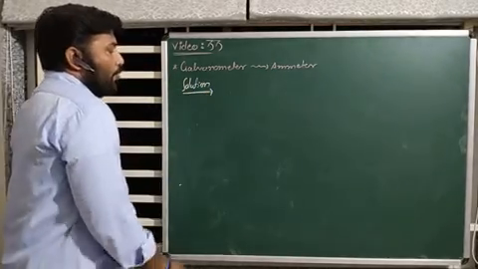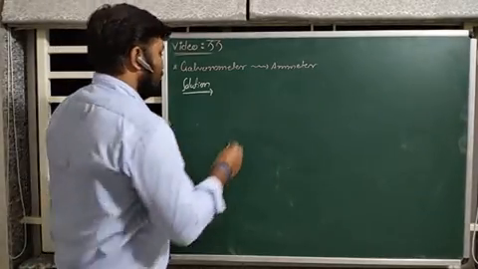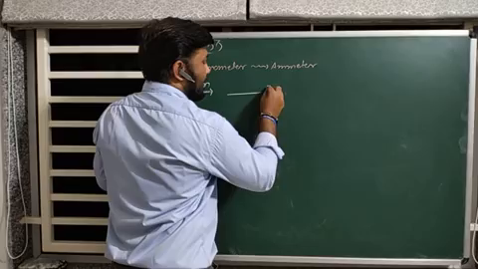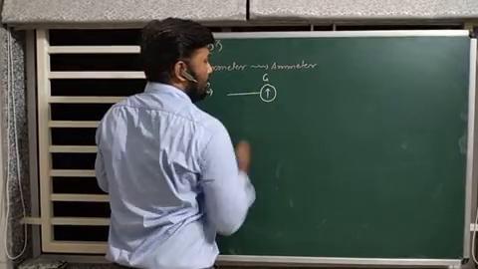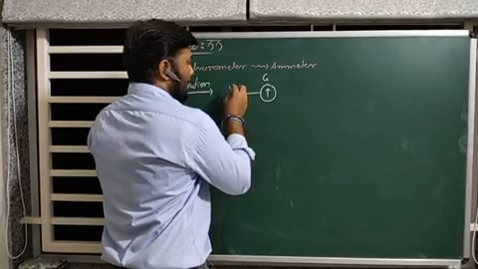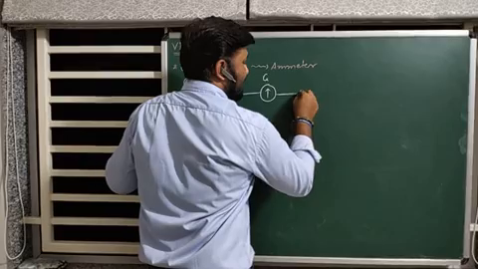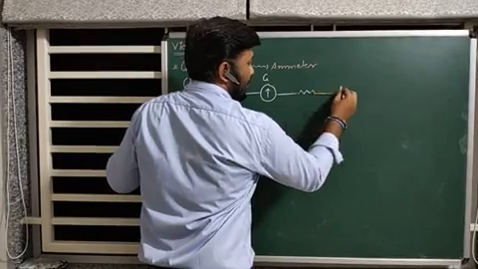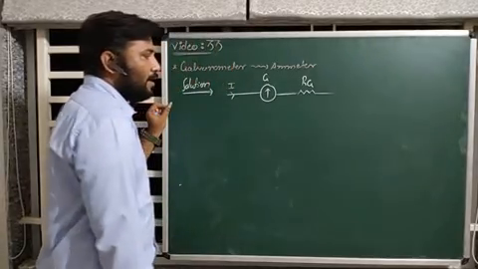To avoid those two problems, what to do? Let us see. This is the galvanometer. Here, electric current I is passing. What is this? It is the resistance of the galvanometer, Rg.